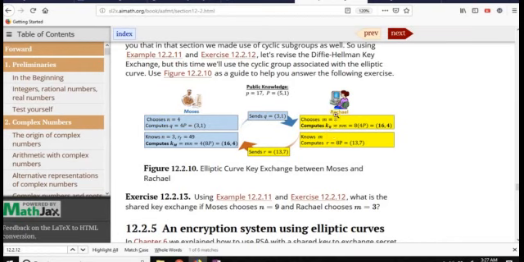And Rachel makes a choice of m, which nobody else knows. They use these two secret choices to come up with this pair that nobody else knows. Rachel knows the 8. She doesn't know the 4, but she knows the result, so she uses that 8 to compute this. And Moses doesn't know the 8, but he has the 8P. He knows the 4, so he uses his knowledge to compute this. But other people don't know the 4 or the 8, so they can't decode it.